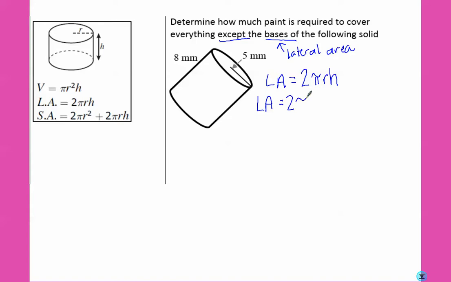So 2 pi, our radius is 5, our height is 8. Type that all straight into the calculator, and we get a lateral area of 251.3. We're measuring in millimeters, and area is square units.